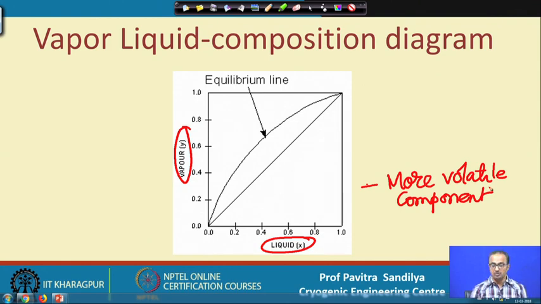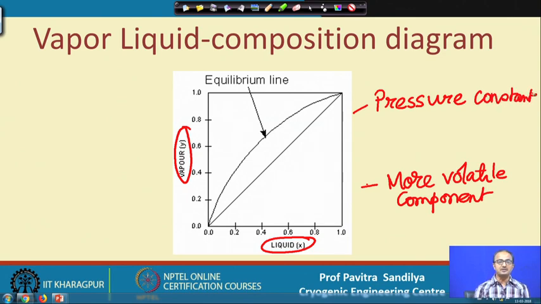This particular diagram pertains to the more volatile component. And let us see what happens. This particular diagram is made for a given pressure. The pressure is constant.